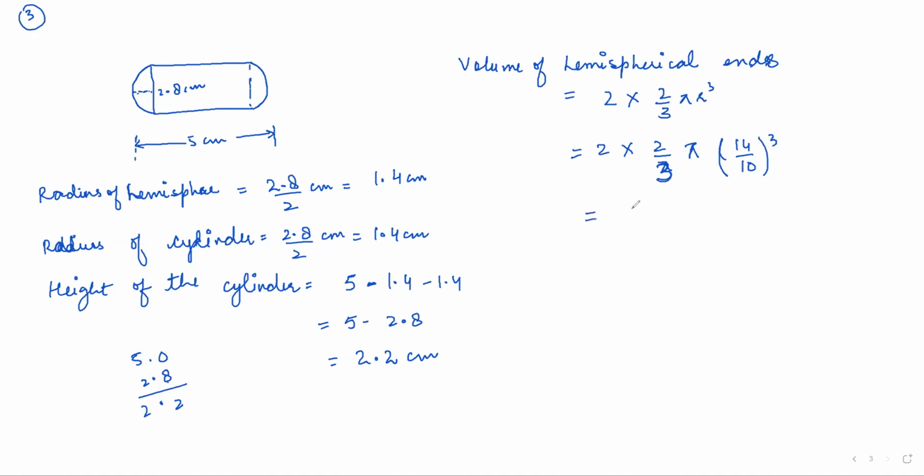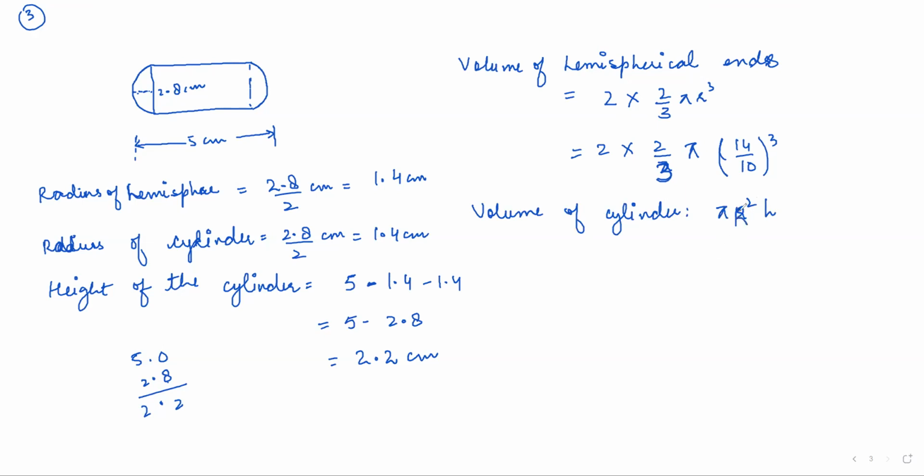We can solve it in the end. Let's see, what do I get for the volume of the cylinder? Then I can take something common and solve it. So the volume of the cylinder is equal to pi r square h, clear?